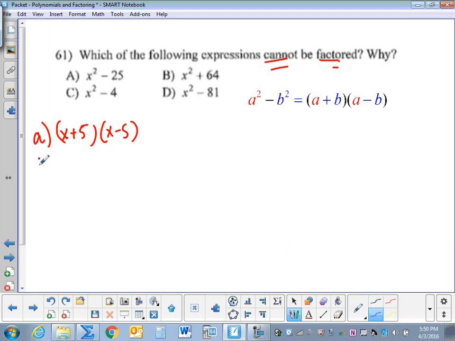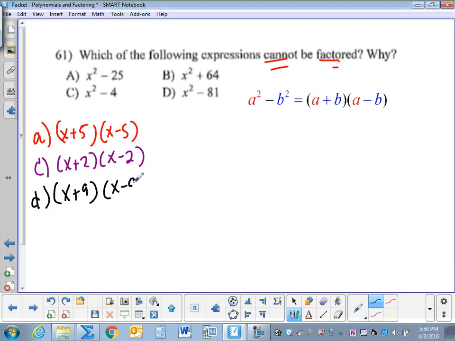Let's look at C. x plus 2, x minus 2. Let's look at D. x plus 9, x minus 9. So B is the one that cannot be factored, and let's look at why.